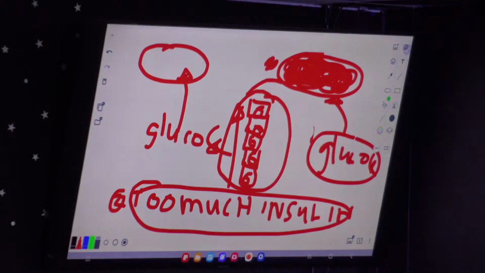So think about it, the cells have lost respect for insulin and more glucose accumulates in the blood. That more glucose accumulating in the blood, one-to-one relationship, because I now have even higher glucose, causes the pancreas to produce even more insulin.